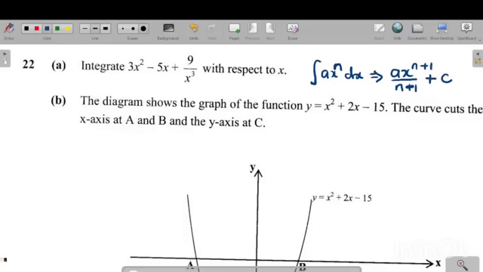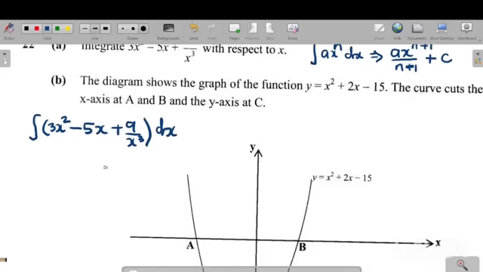Okay, so we are going to use this principle here when integrating this. Let's just rewrite this as the integral of 3x squared minus 5x plus 9 over x cubed, then dx, because we are integrating with respect to x. Before we apply this, we need to change this fraction.